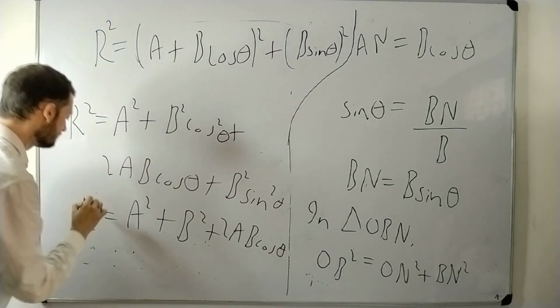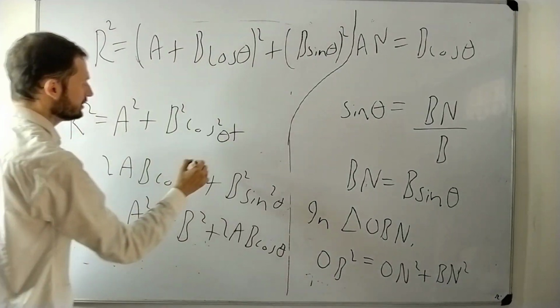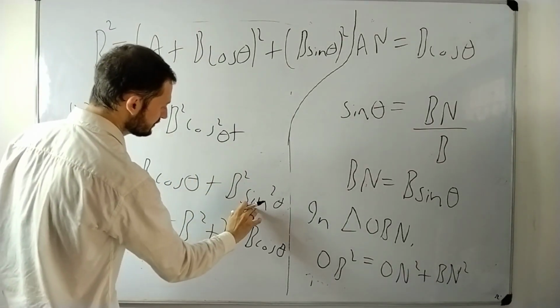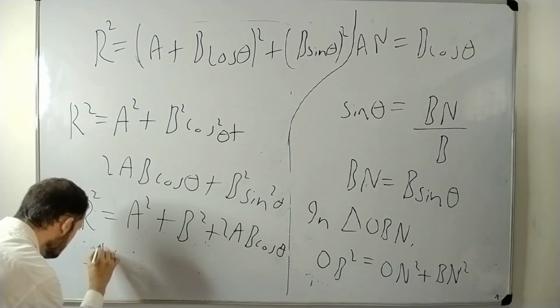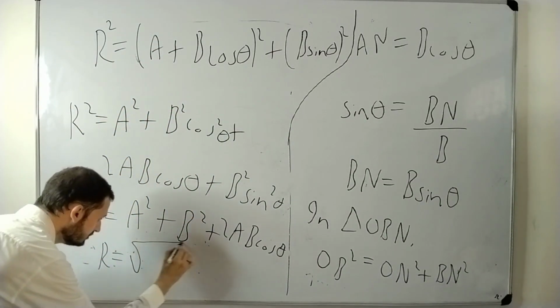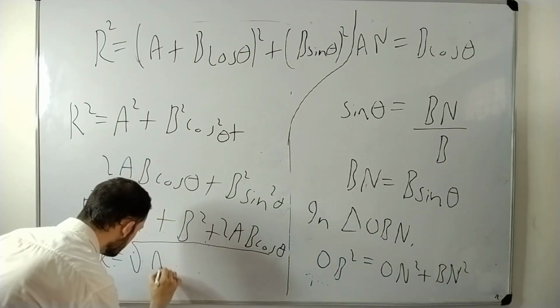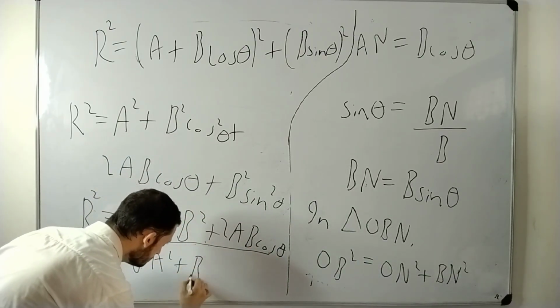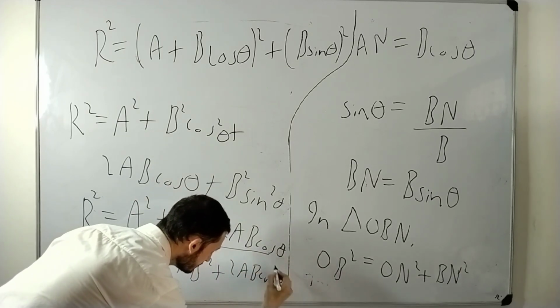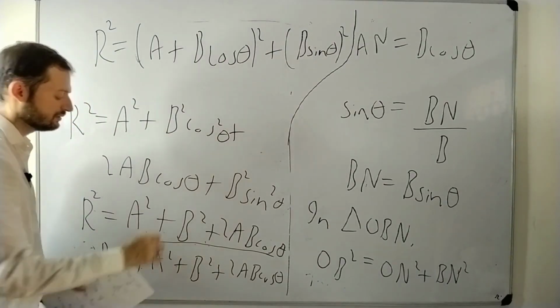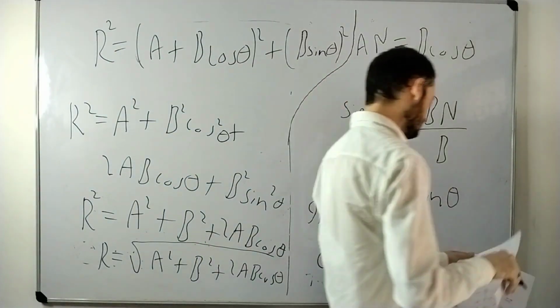Right students? And cos square theta plus sin square theta is what? 1. So this makes R equal to the square root of A square plus B square plus 2AB cos theta. Okay, so this is the resultant. Now the next part.